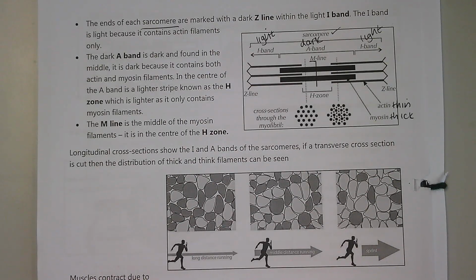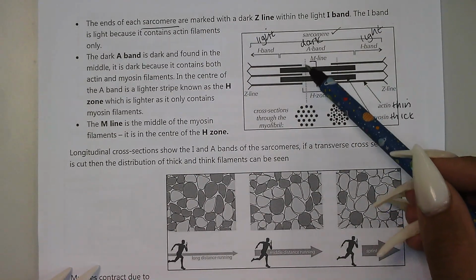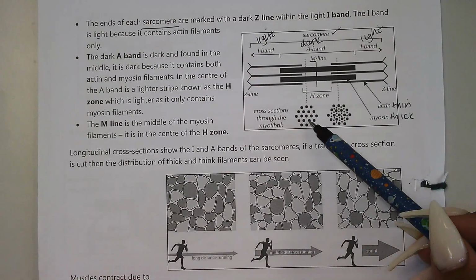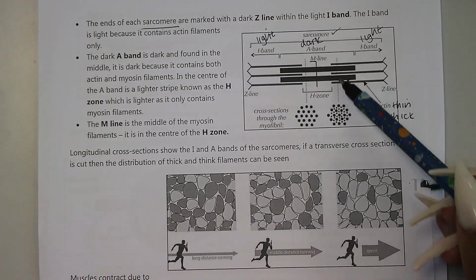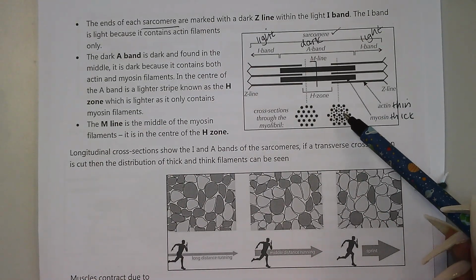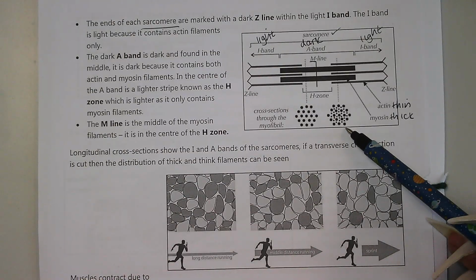So if we were to take the sarcomere from the page, turn it around, slice it, and have a look at what we can see, we would see, if we cut it here, we would only see the ends of our myosin molecules because those are the only ones that are there. If we were to do a cross section here, we would see the ends of our myosin molecules as well as our actin molecules. Okay.